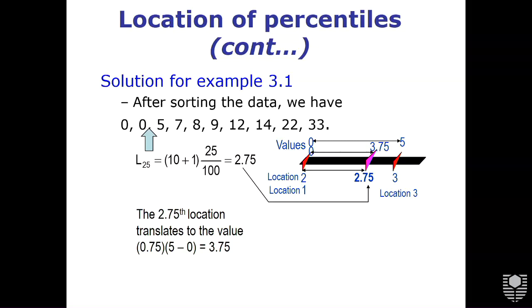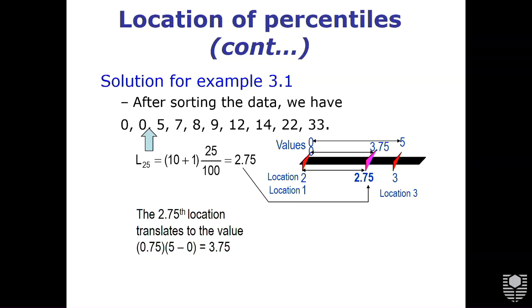Because we're talking about the locations of percentiles, we have to check the locations. That means we have to create location 1 for value number 1, location 2, 3, 4, 5, 6, 7, 8, 9, 10 locations. You have the formula?